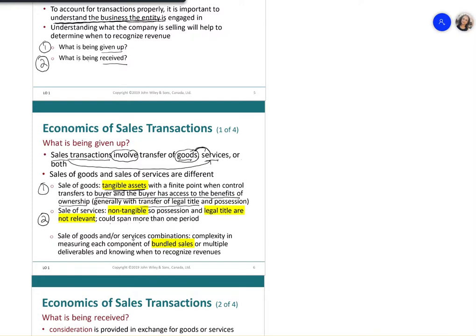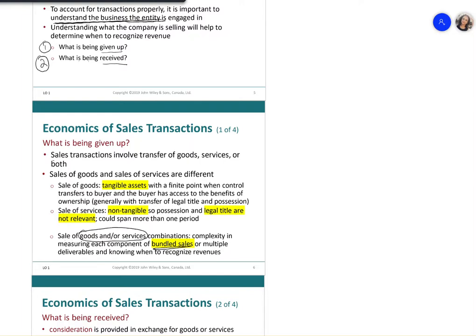Sale of goods and service combination. Sometimes we sell a good, and with that we also sell a service. So our revenue will be a combination of two: one will be goods, and the other one will be a service. So how do you recognize it? When you sell both of them together, it is called a bundle sale.